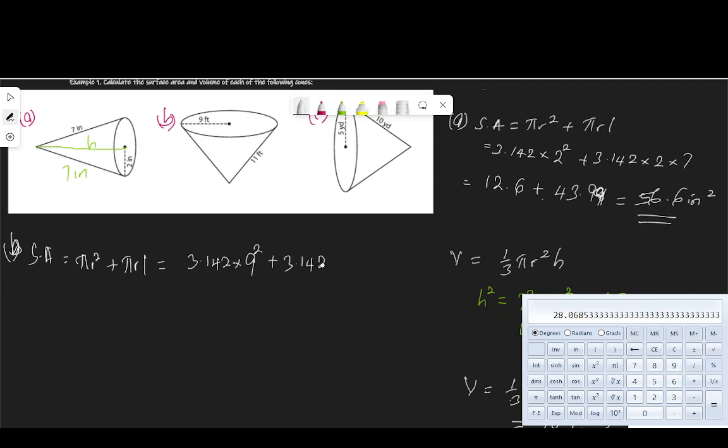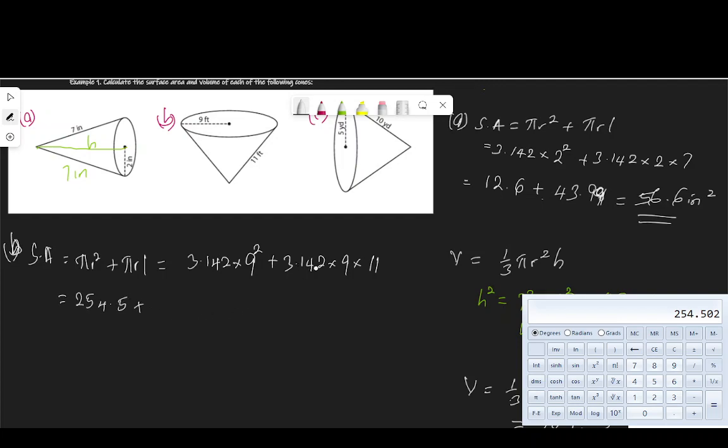That is 3.142 multiplied by the radius here is 9, 9 squared, plus pi rl, 3.142 times radius 9 times the slant height, which is 11 in this case, times 11. 9 squared is 81. 81 times 3.142 is 254.5.